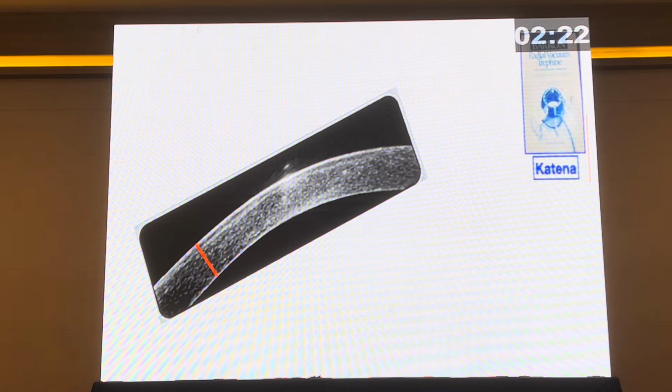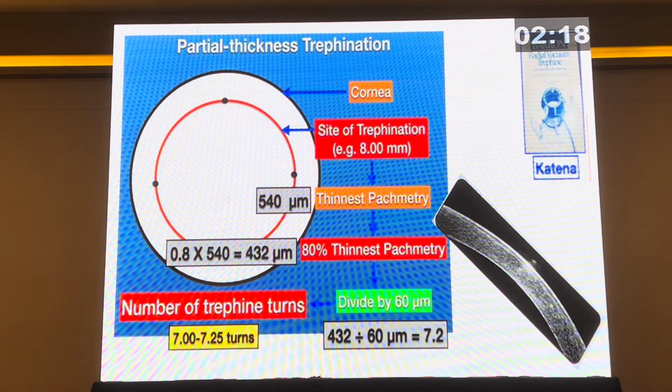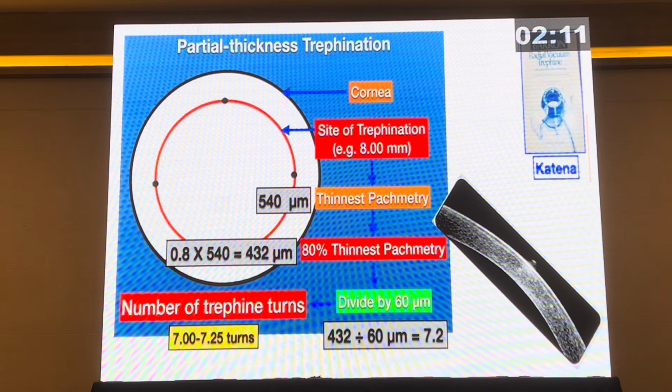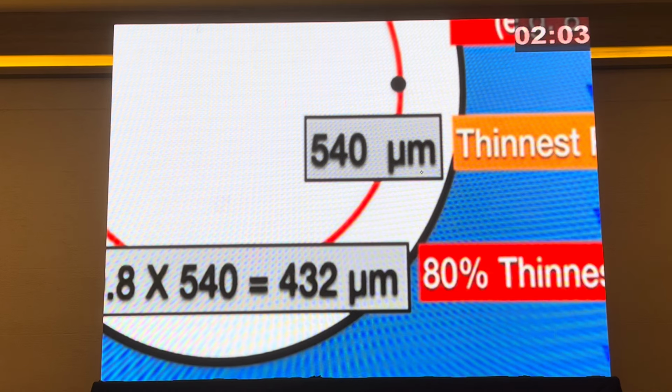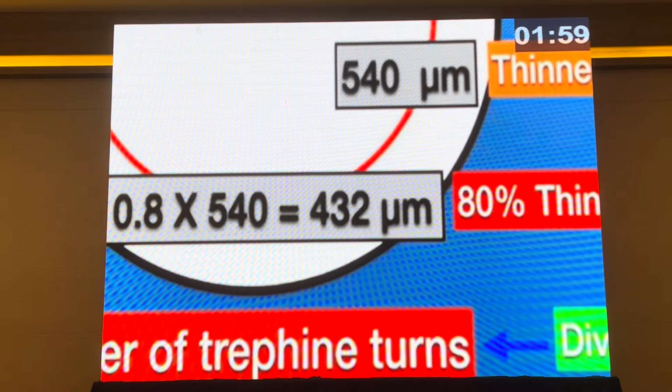But where I use my AS-OCT would be mainly when I'm planning a DALK in a patient. It will help me to decide how many turns have to be gone in to have a good deep penetration so that I can have a good air bubble for my DALK surgery. So here, if you take the thickness of the cornea to be 540, I may take around 80% of it, so it's 432.